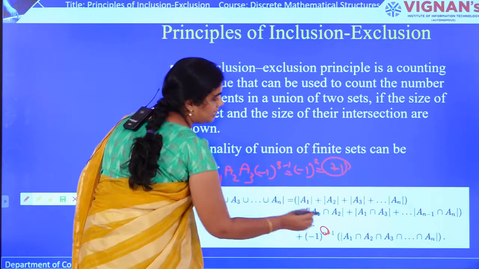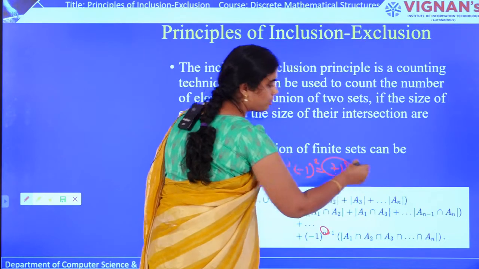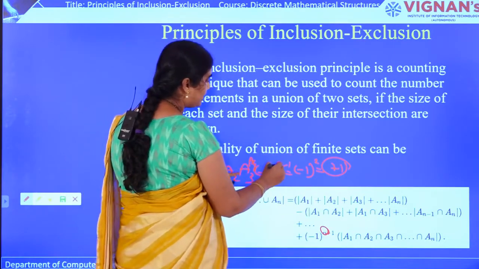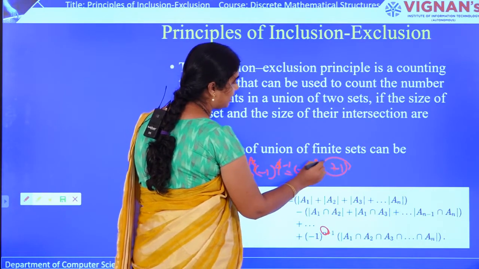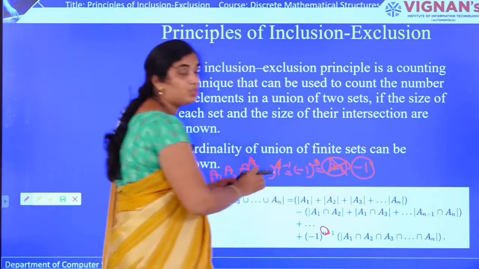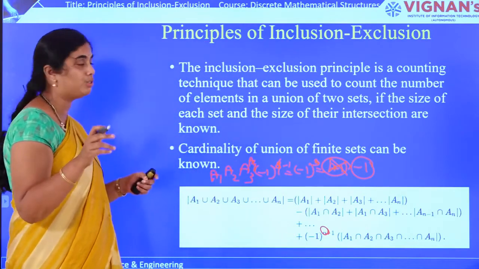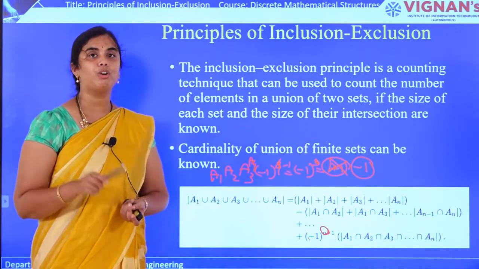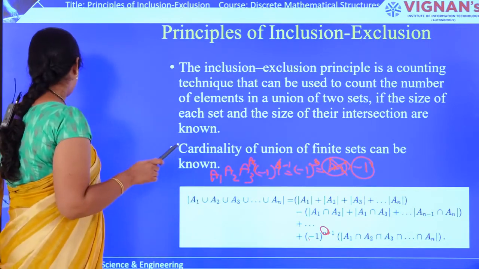So in that case the intersection will get a positive sign. If I am given 4 sets, A1 to A4, then n will be 4 and the power will be 3, and here I will get minus 1. In that case the intersection of all those sets will come out negative. So this sign depends on the number of sets that are given.